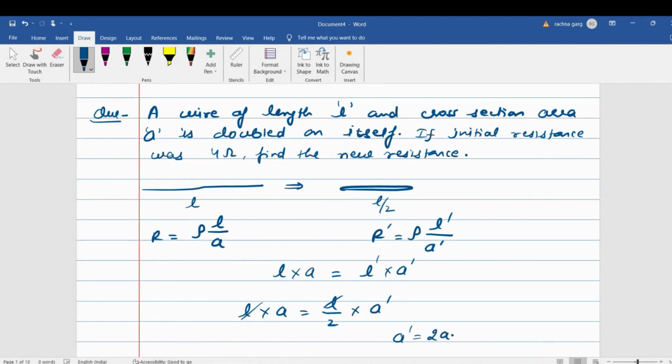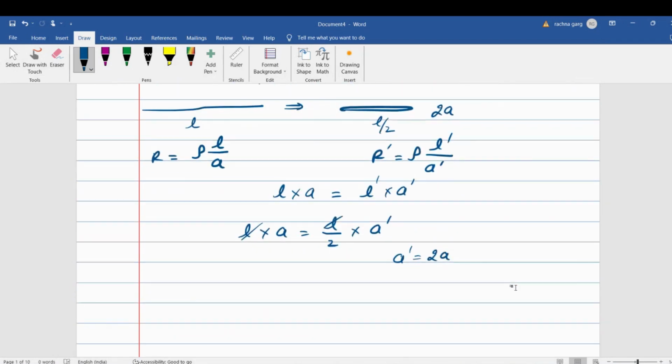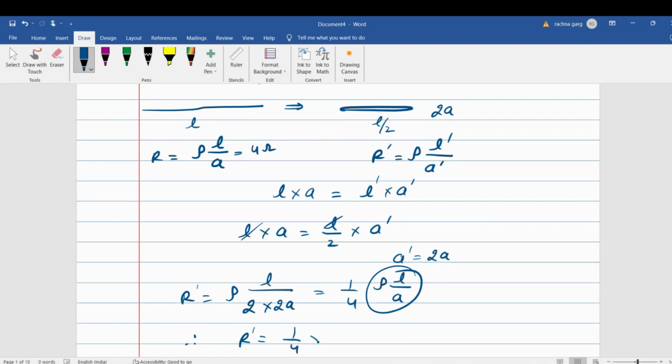You got it? So here area has become 2A because volume remains same as I told you. Now R dash is rho, L dash is L by 2, area is 2A, so it is becoming 1 by 4 rho L by A. And rho L by A is given in the question as 4 ohm, initial resistance. Hence, R dash is 1 by 4 into 4, 1 ohm.